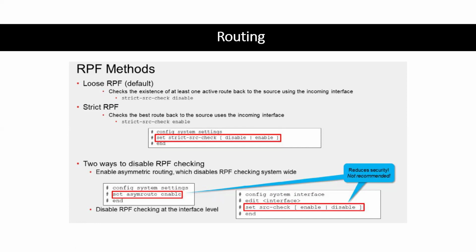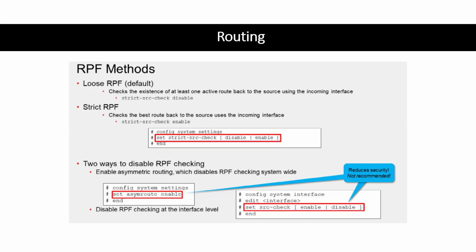Good question. Loose and strict is a matter of, loose being, as long as a route exists, I'll go ahead and pass it. Let's put it in the scenario of multiple interfaces. In loose mode, say we have two interfaces going back to a source.